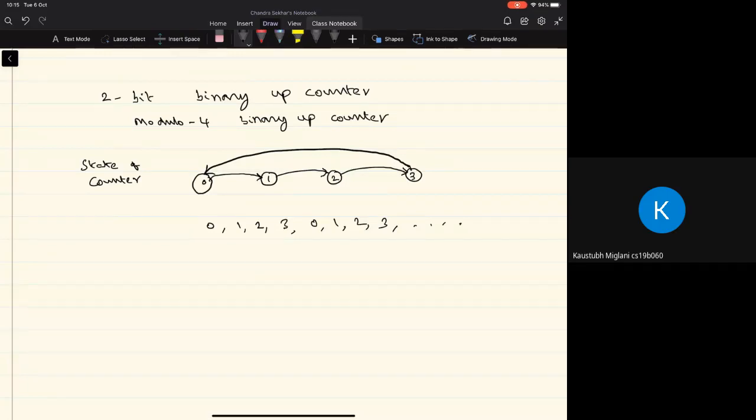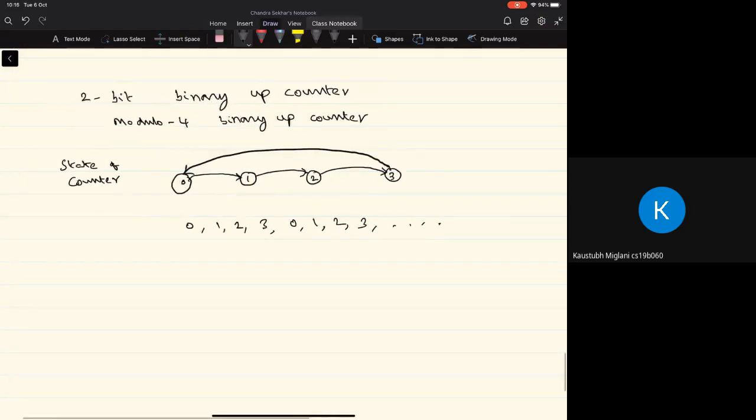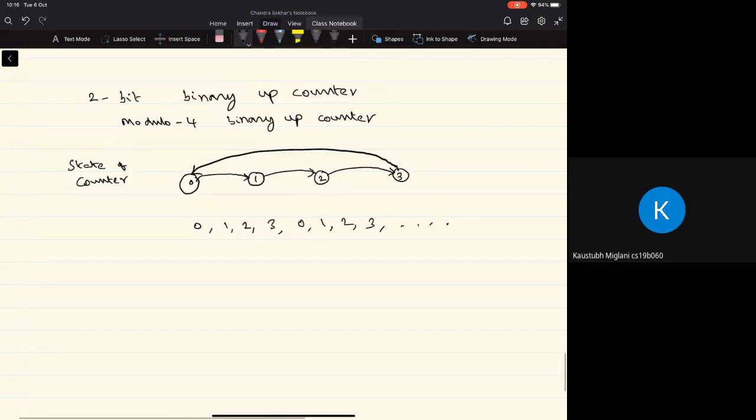And these are the decimal values, and we have to design using flip-flops, where each flip-flop can take only a 1-bit value, right? So the same thing, we will now indicate the state of the counter as the state of 2 flip-flops, where the states of the 2 flip-flops are, let's say, Q1 and Q0. Q1 is the Q output of the first flip-flop, and Q0 is the Q value of the other flip-flop, right? So this can refer to any type of flip-flop. It can be JK flip-flop or T flip-flop or D flip-flop. That does not matter, right? So there will be 2 flip-flops.